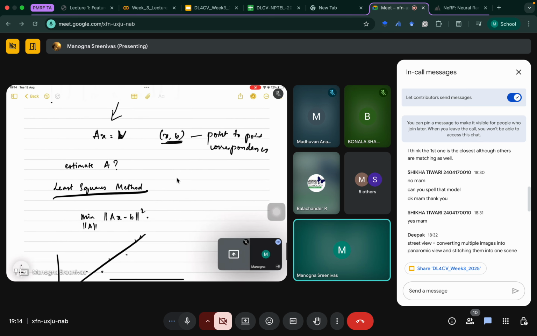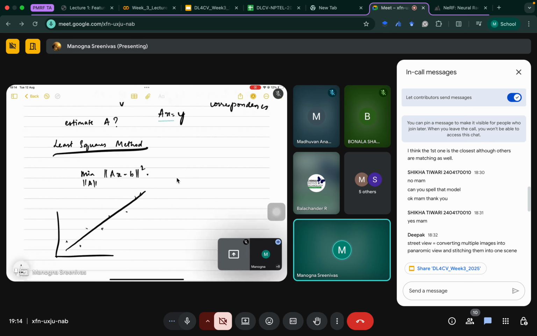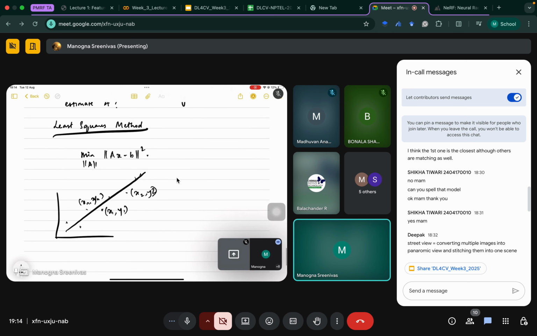B as in what? Fine, I can write this as y, or Ax is equal to y. So I have all these points, say x1, y1, x2, y2, and so on, some xn and yn. So I have these point to point correspondences. Now I want to fit a line to it.